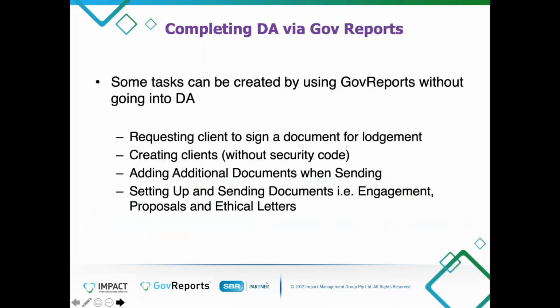So we've talked about doing everything within digital authentication. Now, you don't have to do everything there. You can actually do things through GovReports, and I imagine that a lot of you are already doing that, using it to put a digital authentication for an e-signature on things like the BAS, or STP, if you're having to get them to authorize STP every month.